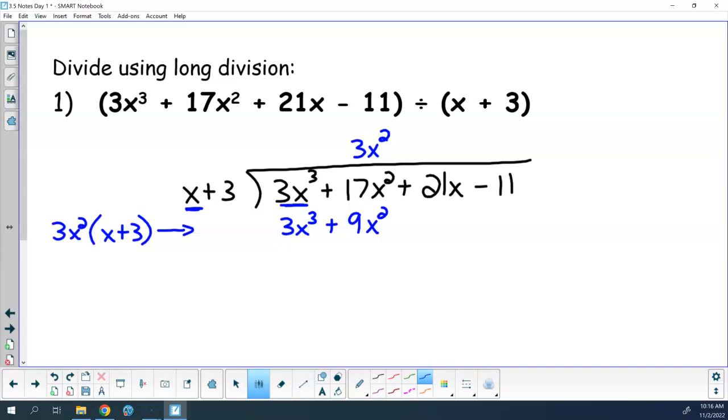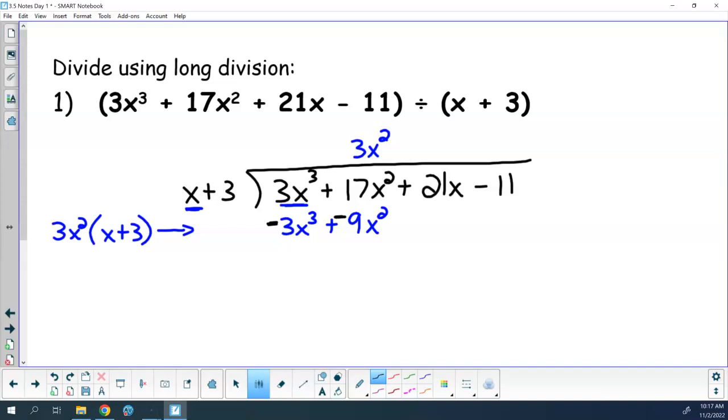Then what did you do? We subtracted. So this is the most important part, and the part where the most mistakes will happen. Okay? You need to subtract that whole thing, so you are going to change both of the signs, or all of the signs in that next colored line.